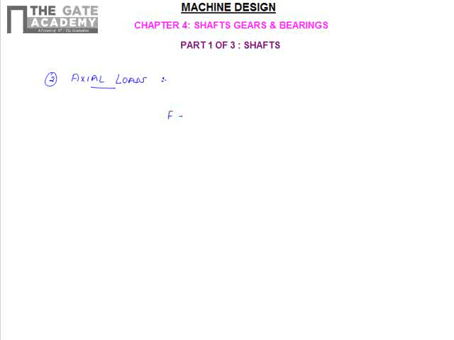If F is the axial force acting on the shaft, then we have normal stress sigma equal to F by A, where A is the area of cross section of the shaft. It is given as pi d square by 4.